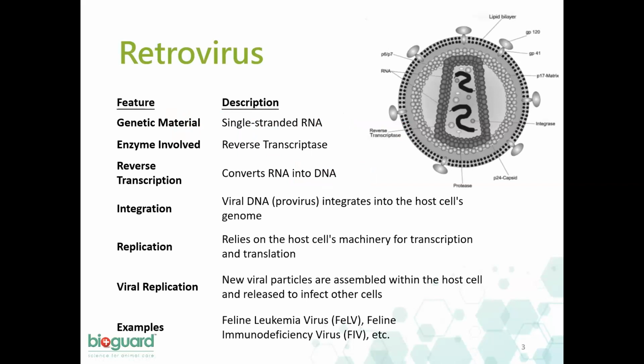A retrovirus uses the reverse transcriptase enzyme to convert RNA into DNA. The viral DNA integrates into the host cell's genome and relies on the host cells to replicate. Good examples of this virus are the feline leukemia virus, the feline immunodeficiency virus, and the human immunodeficiency virus.